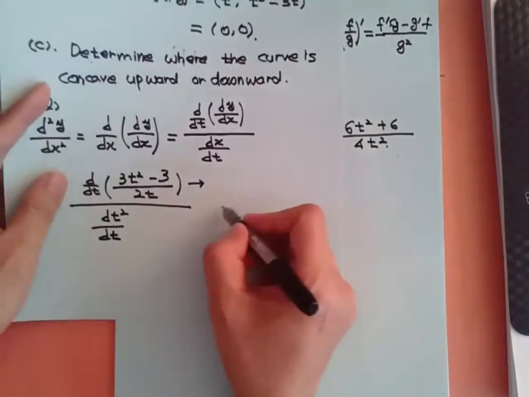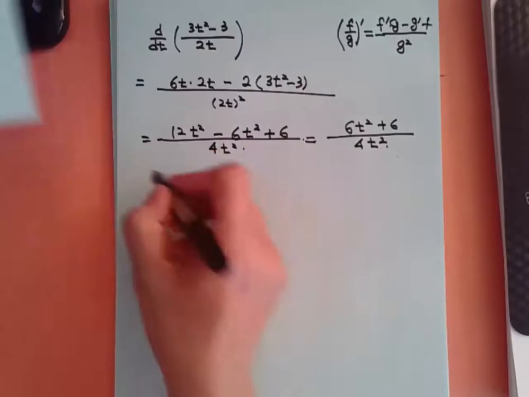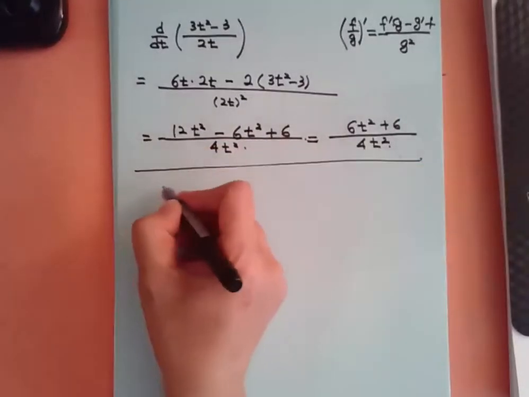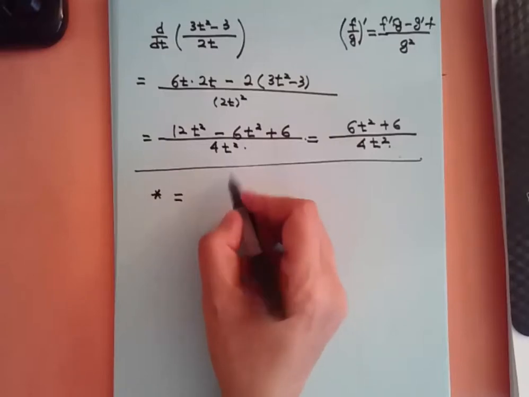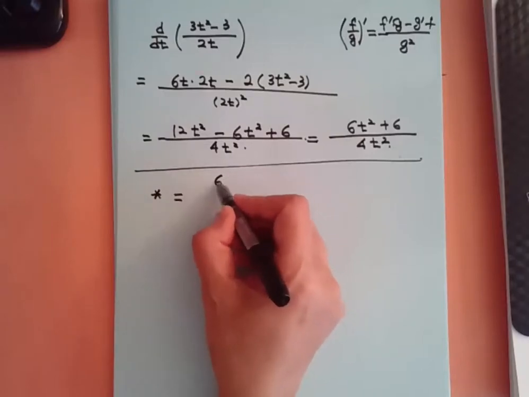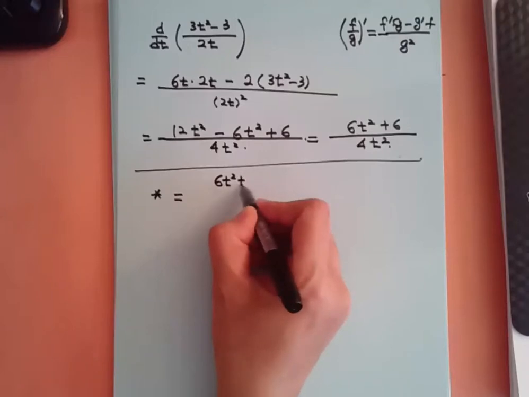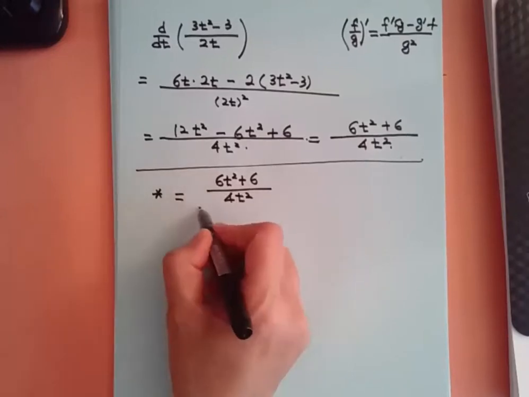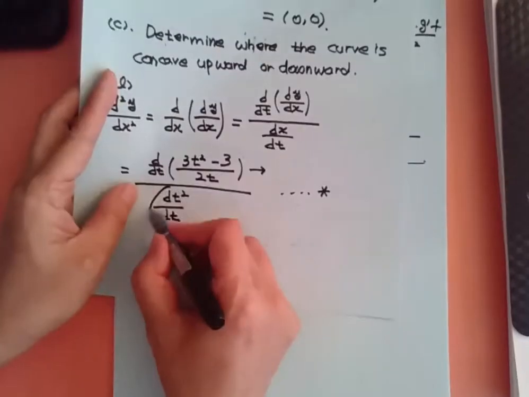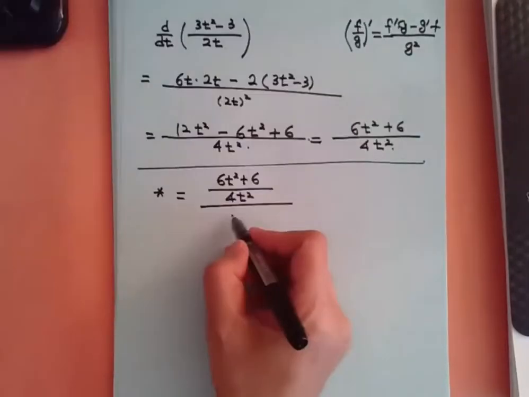So we will go back to here. The numerator is calculated, and that was 6t squared plus 6 over 4t squared. Now we have to calculate the denominator part, that is obviously 2t.